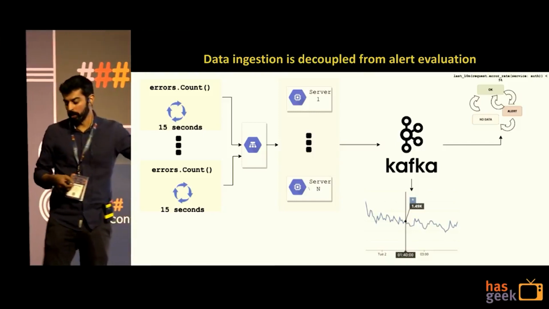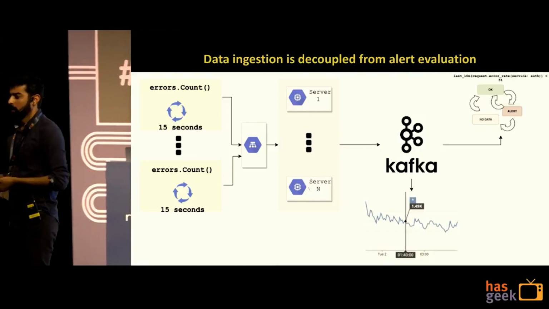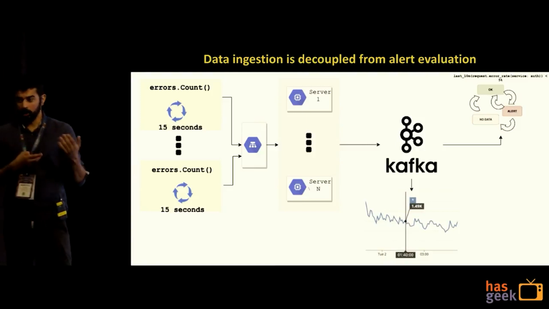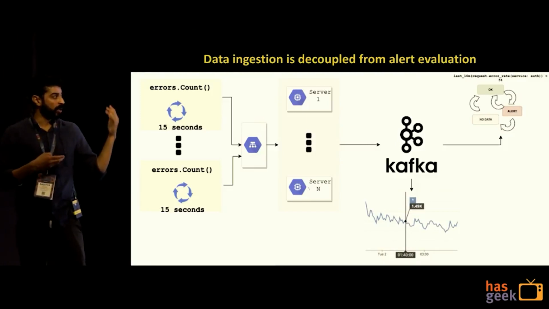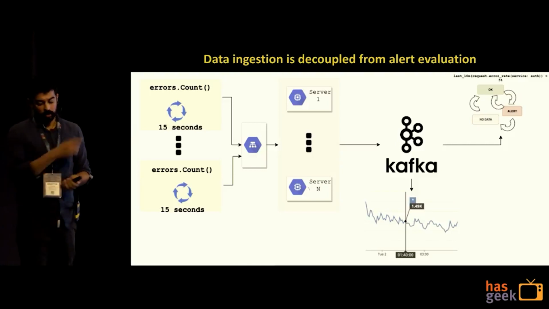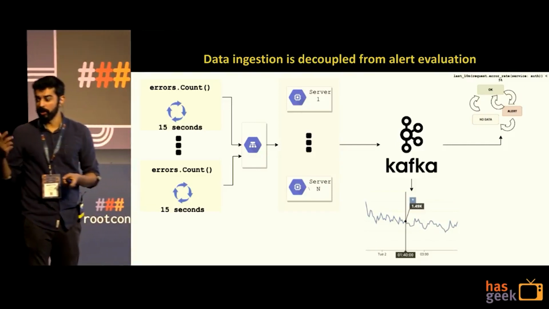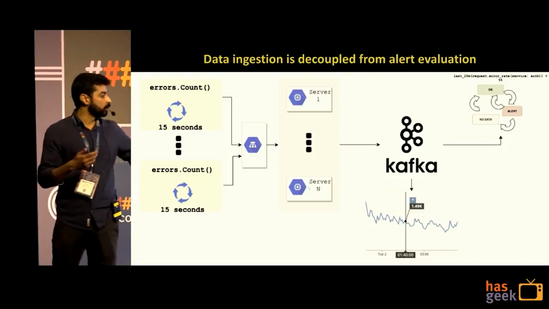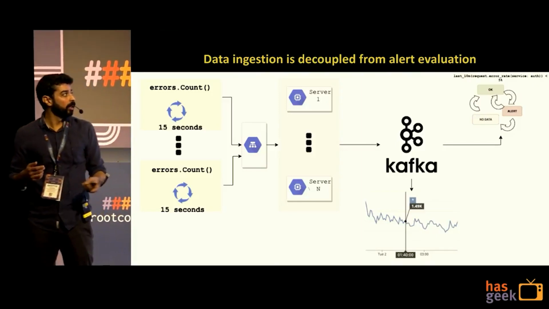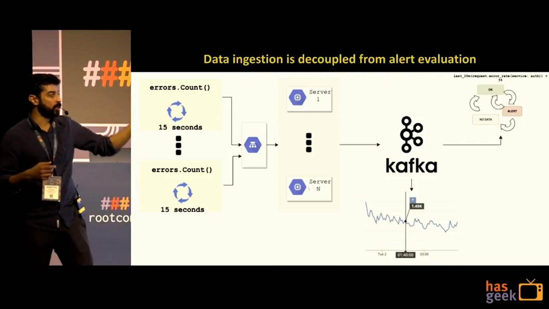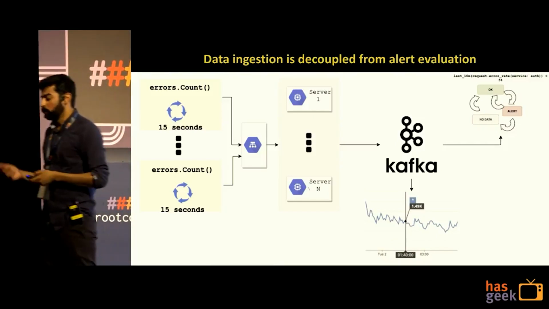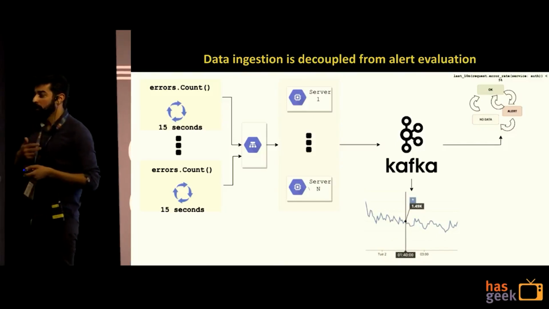We would write things to a Kafka queue, and as a result of the buffering that Kafka provided us, we were able to read from the queue and do both the materialization of the data in the UI, which is to graph it, as you see at the bottom of the screen, and also the evaluation of these individual state machines to see what the state of all the alerts configured on the system were.